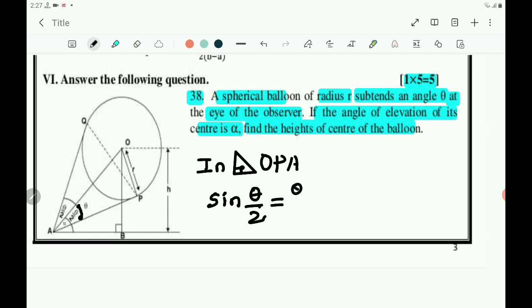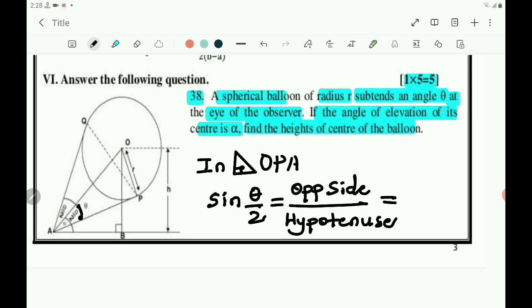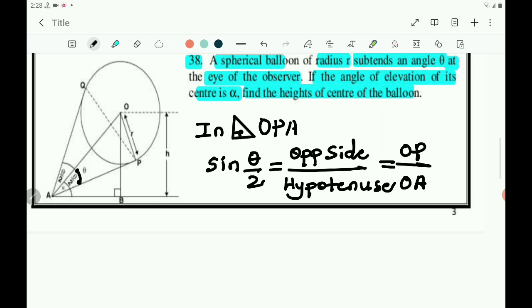Sine theta by 2 is equal to opposite side by hypotenuse, which is OP by OA.